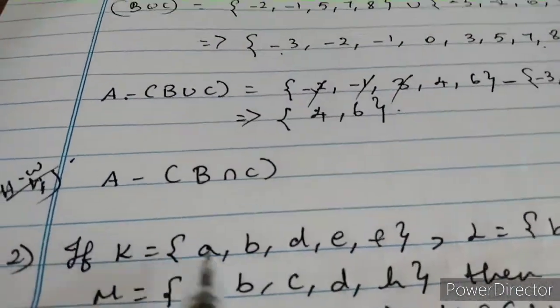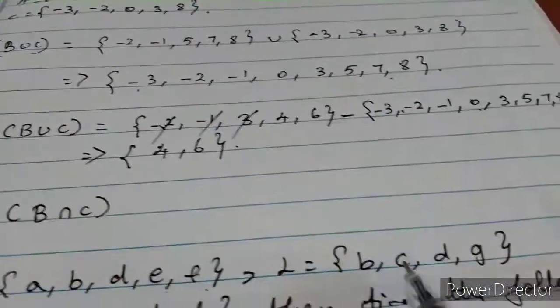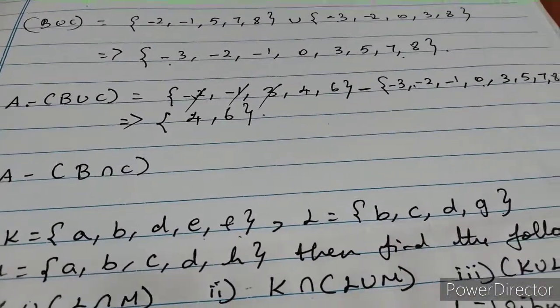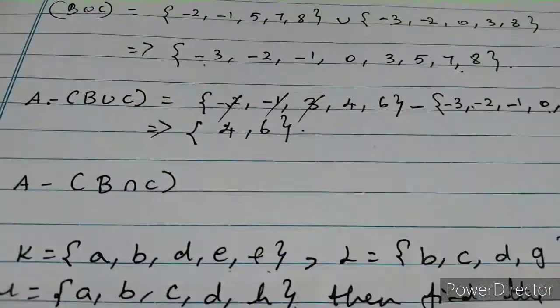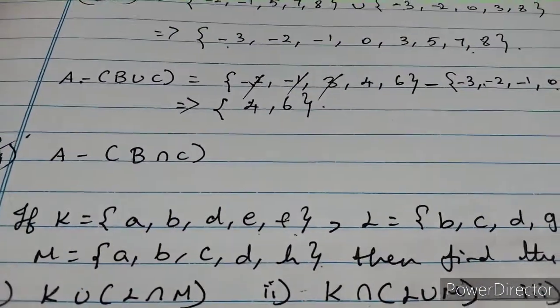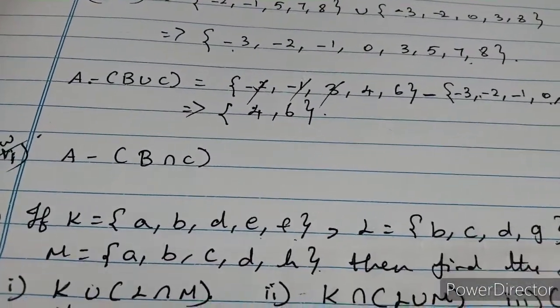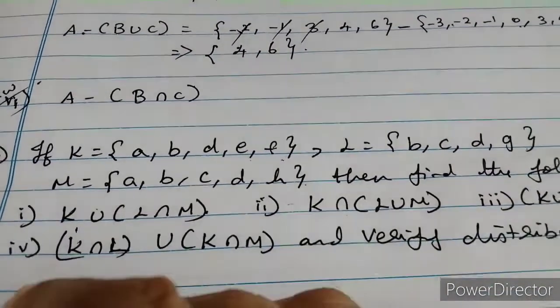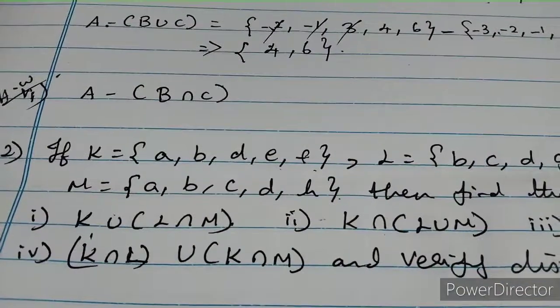Second sum: if K is equal to {A, B, D, E, F}, L is equal to {B, C, D, G}, M is equal to {A, B, C, D, H}, then find the following. First one is K union (L intersection M).